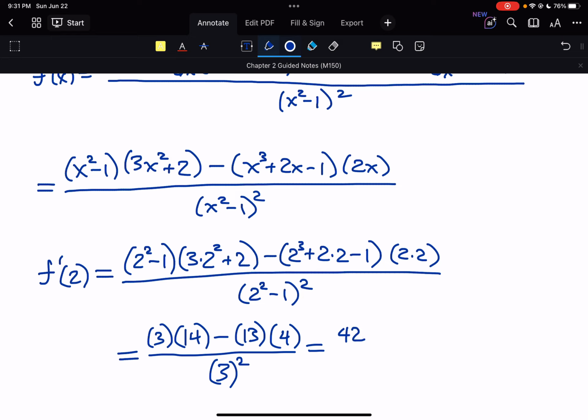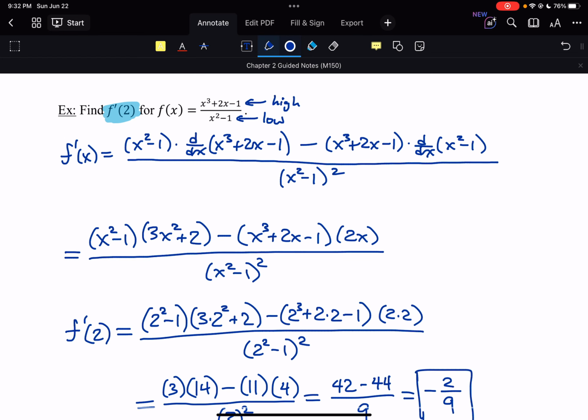No, that's right. 42. Sorry, I just had a typo in my notes. I'm going to have to fix that. Oh, no, because I wrote that number wrong. This is 8, so that's 12 minus 1 is 11. There we go. Nope, my notes didn't have a typo. My brain had a typo. Over 9. So we get negative 2 over 9 is the value of that derivative.